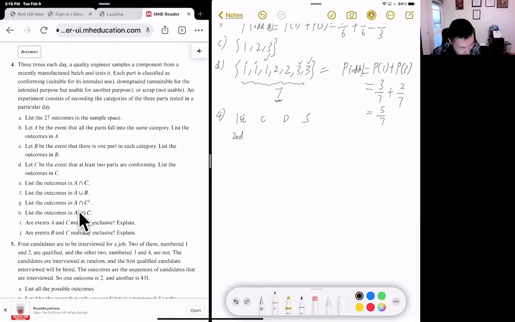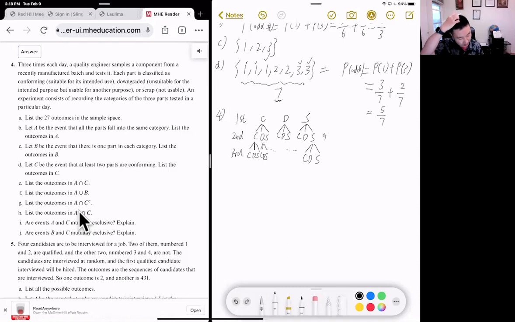So the second part could also be C, D, S. And the third part is also C, D, S for each of these 9 from the second step. That's 9 total, right? So we also have CDS, and so on.